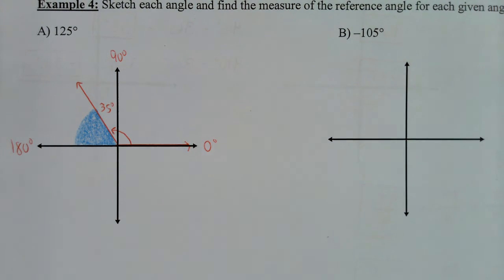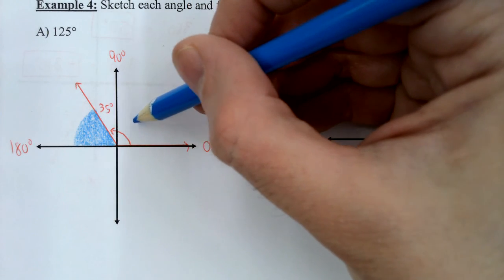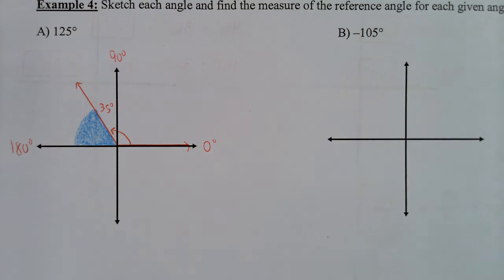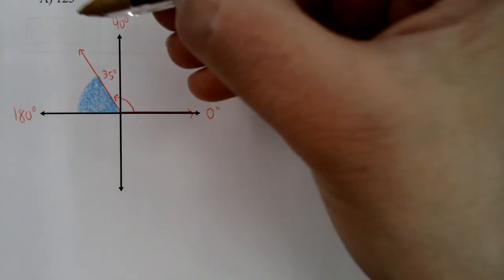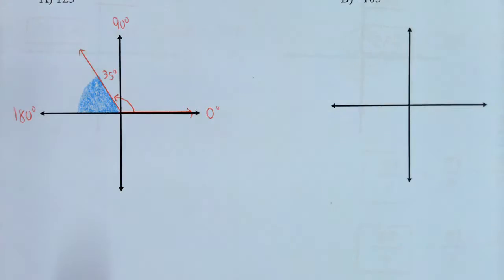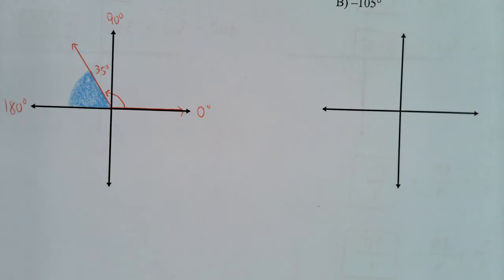Again, it's acute, so it's not this angle right here because that's obtuse. It's the acute angle between the terminal side and the x-axis. So if it's at 35, then this angle in blue has to be 55. So reference angle equals 55 degrees.